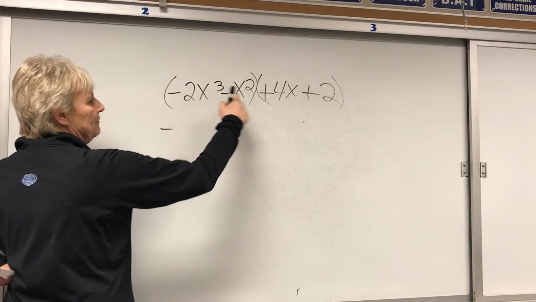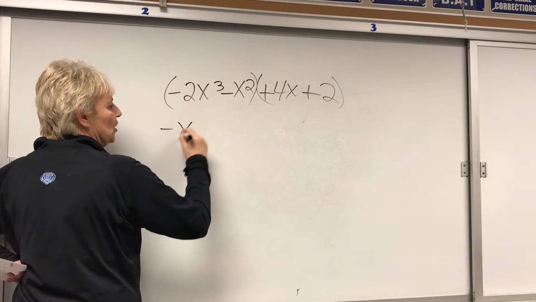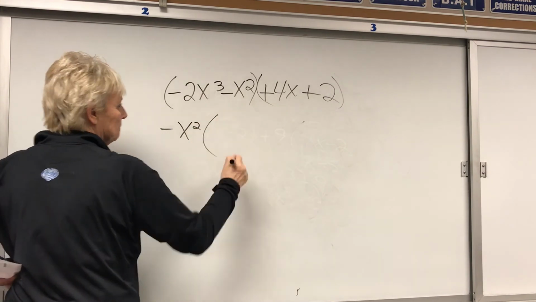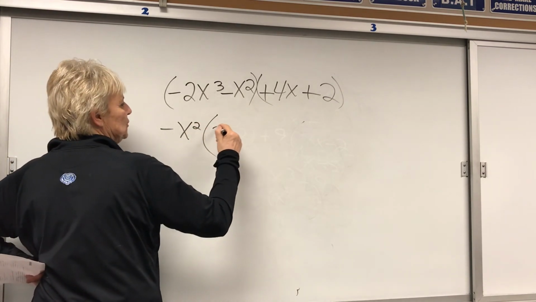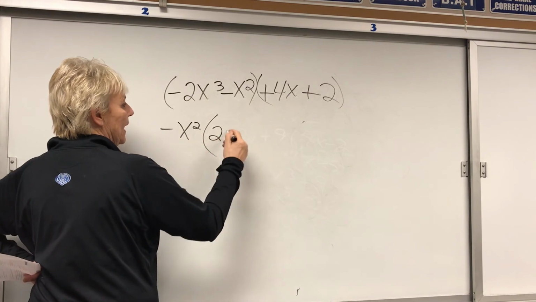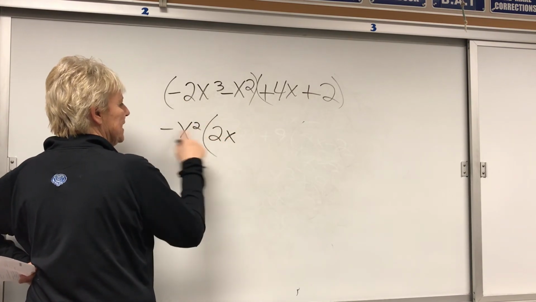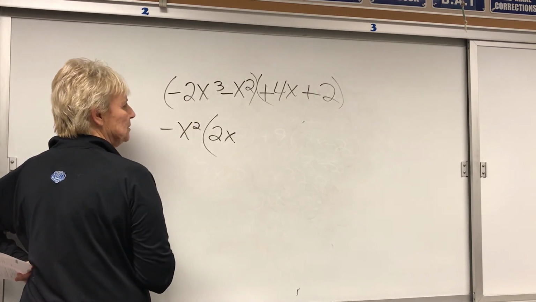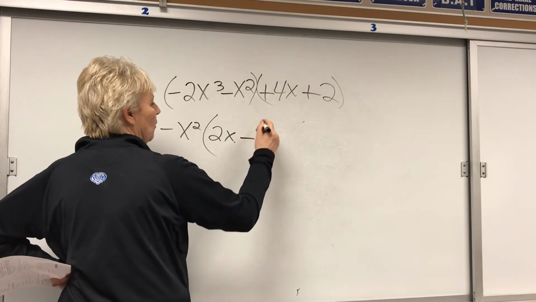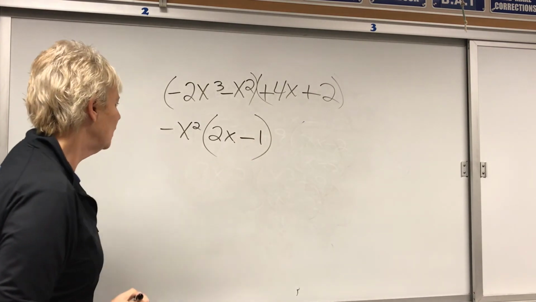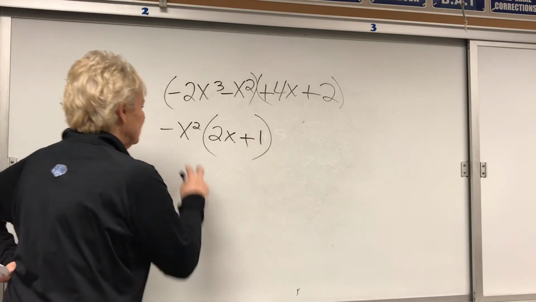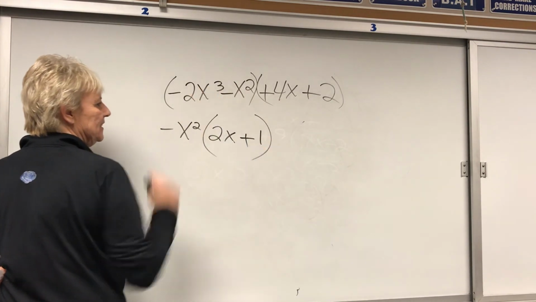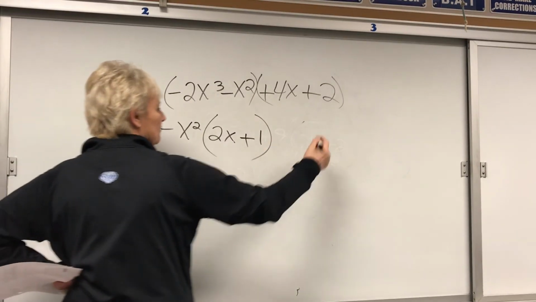The greatest common factor here looks to me like x squared. That gives me negative 2x, there's my x cubed, minus 1. Oh, it's plus 1. Negative times positive is negative. You've got to be careful.